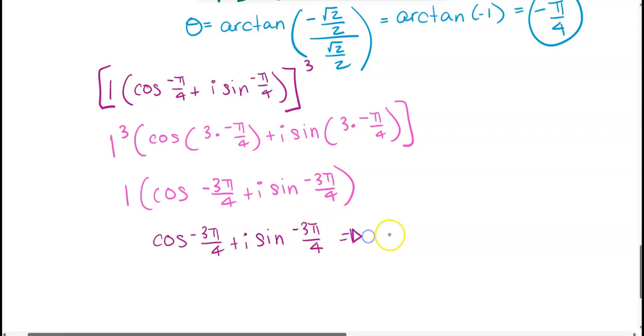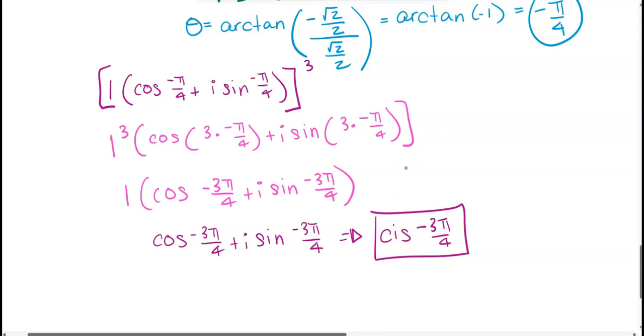You could also rewrite this as your final answer as just cis negative 3 pi over 4. The cis notation is a lot easier to work with. But like I said, it's just not something that College Board would accept. So if that's something that you're doing on an AP exam, don't put it on there. For pre-cal at least, I don't know about calculus or anything.